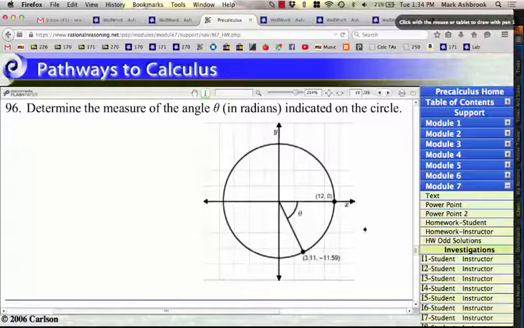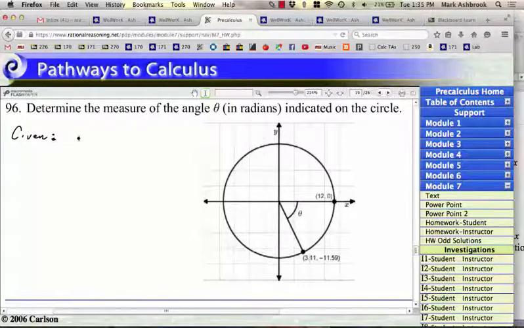What process or processes matches that, a tool that we can use? Given a coordinate, find an angle. If it's not angle, find angle measure.